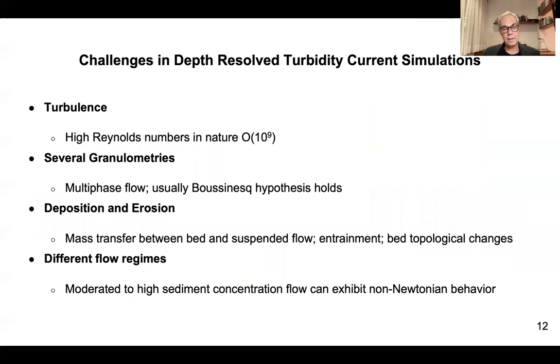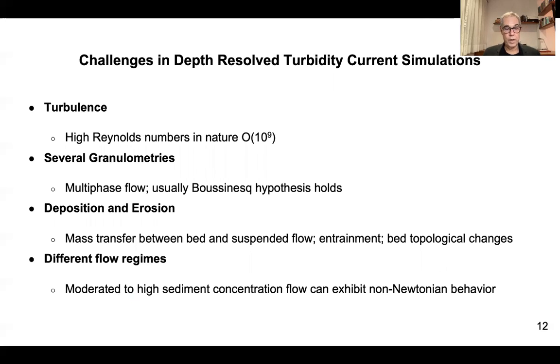Now, let's come back and discuss a bit what the challenges are in depth-resolved turbidity current simulations. First of all, there is turbulence, a multi-scale phenomenon, with Reynolds numbers found in nature of the order of 10 to the power 9. Then the second challenge is that usually we have several granulometries. Basically, this is a multi-phase flow, but we usually assume that the Boussinesq hypothesis holds.